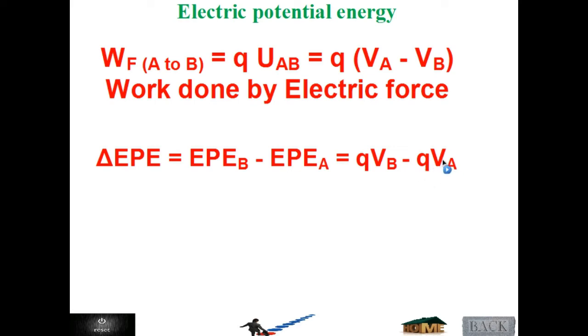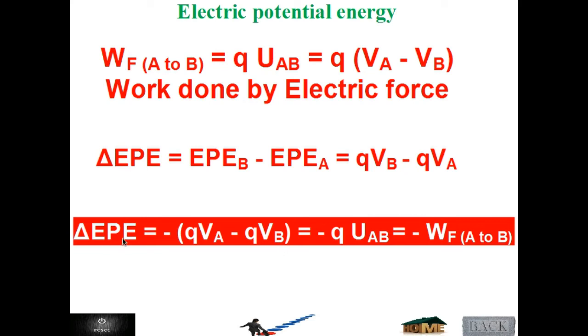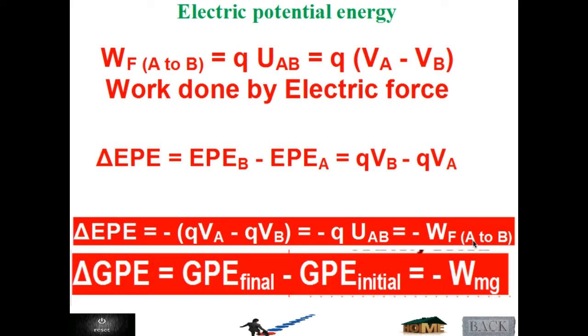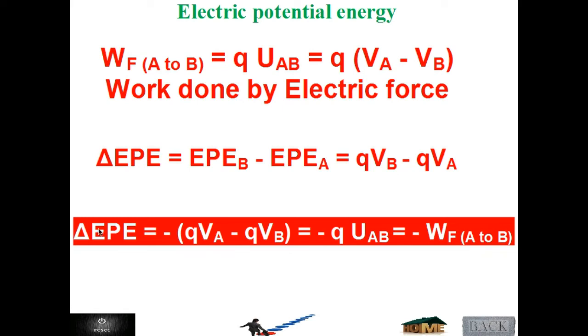I can take the minus as common factor, then I will have the variation in electric potential energy equal to minus Q into VA minus VB, which is the potential difference between A and B. And we will get the same result as the variation of gravitational potential energy and the work done by mg. The variation of electric potential energy equals the minus of the work done by the electric force from A to B.